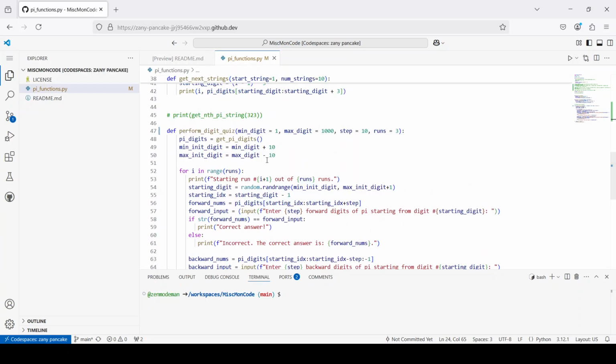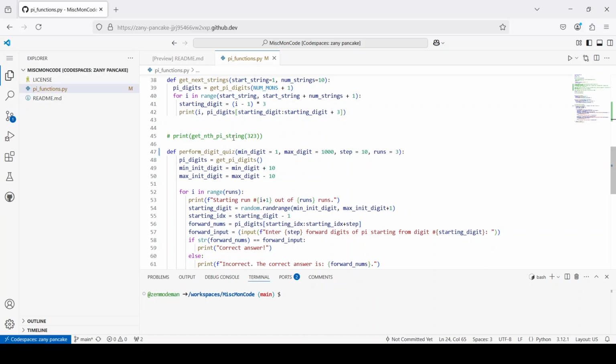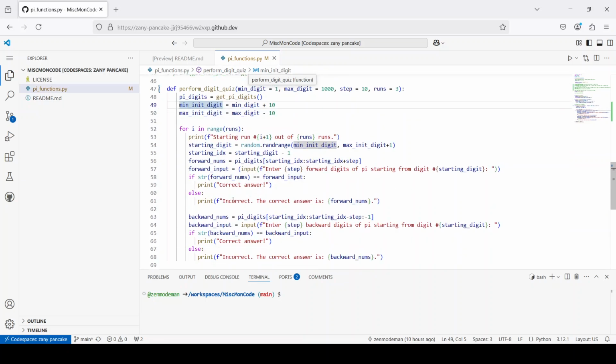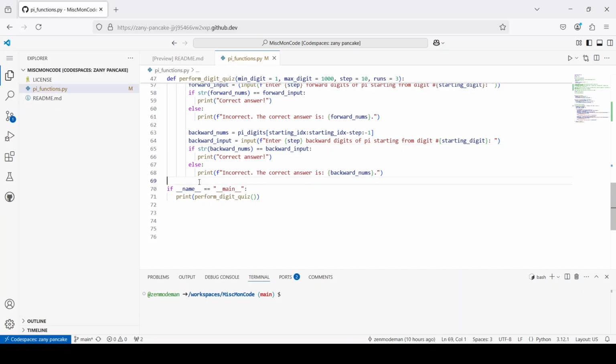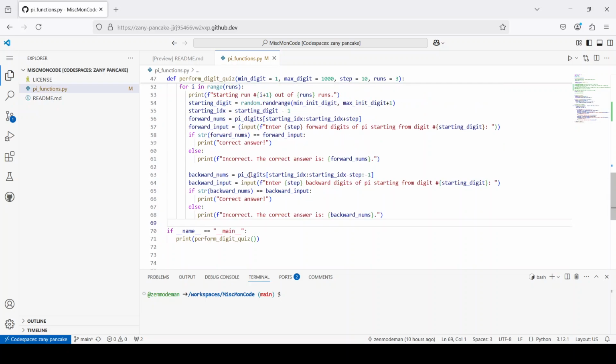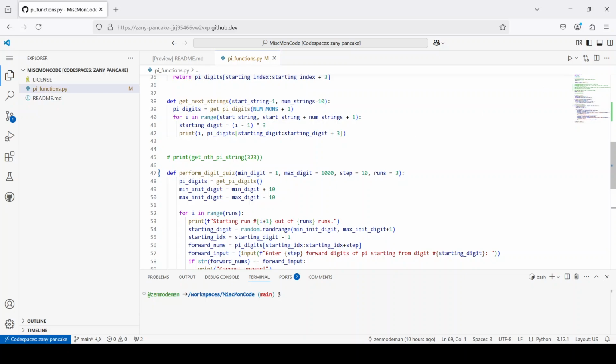How this quiz works is I randomly get a starting digit, and for that starting digit, the quiz will ask me the 10 forward digits and the 10 backward digits from there, and it will do it 3 times.